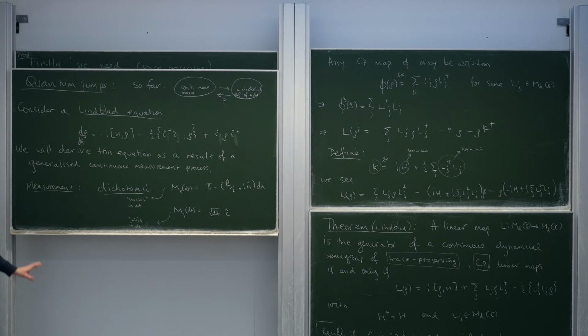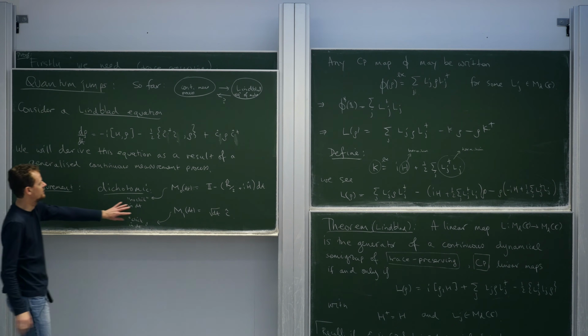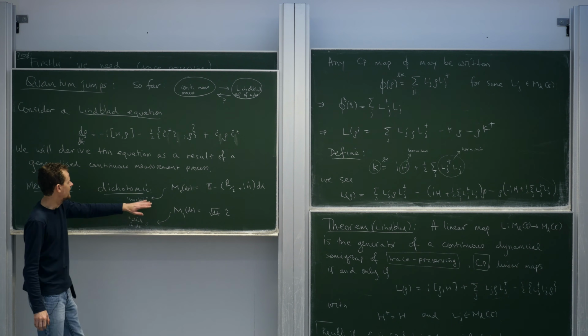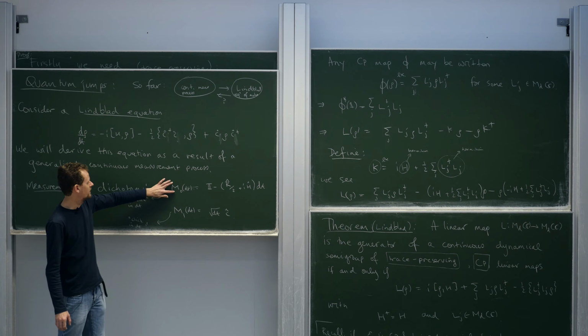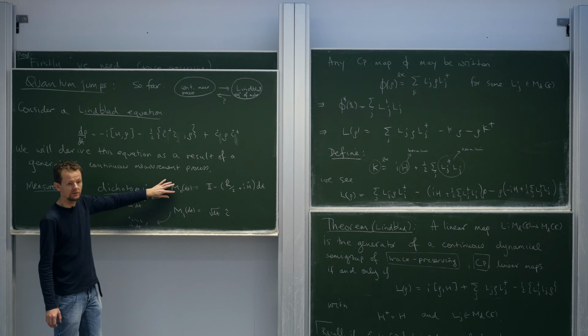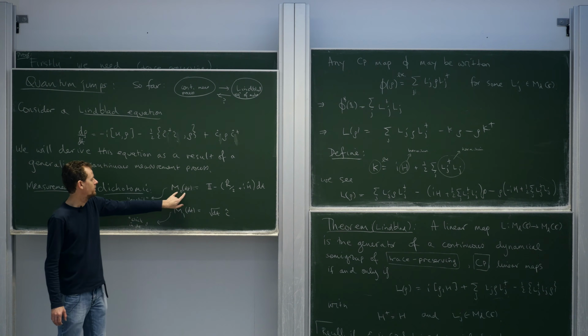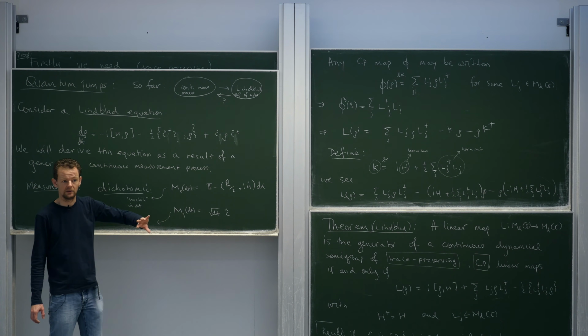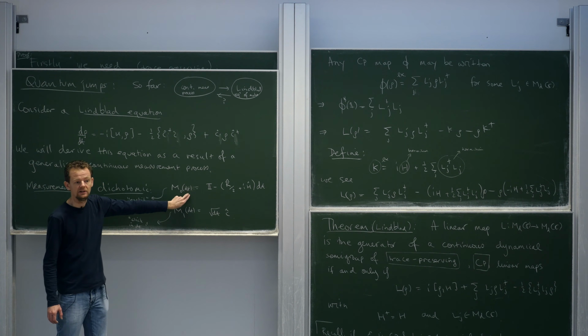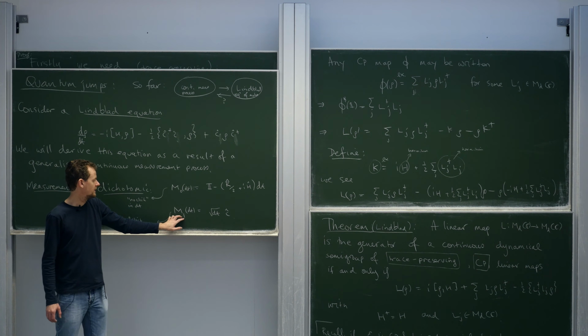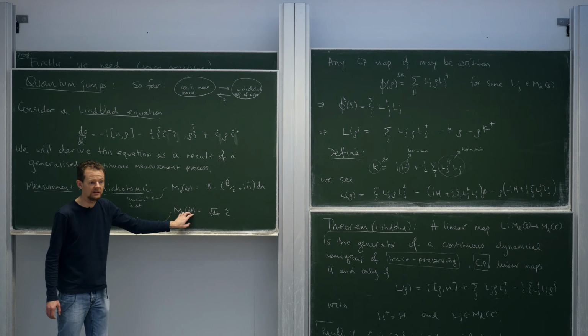Let's be a little bit more specific about the interpretation of these two operators. We have this measurement operator here. This is actually an instrument, not a POVM, as we'll see in a second. This operator here is meant to represent the situation where our detector does not click in a time window dt. And this measurement operator here is meant to represent the outcome where the detector clicks in a time dt.